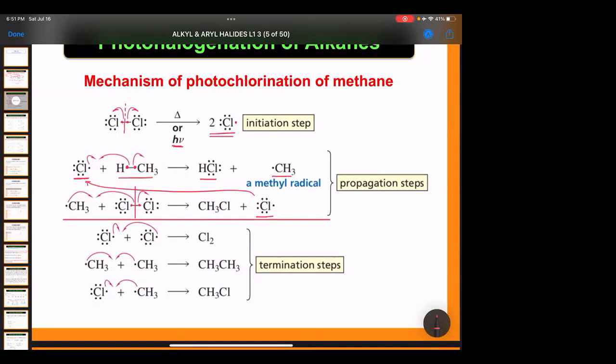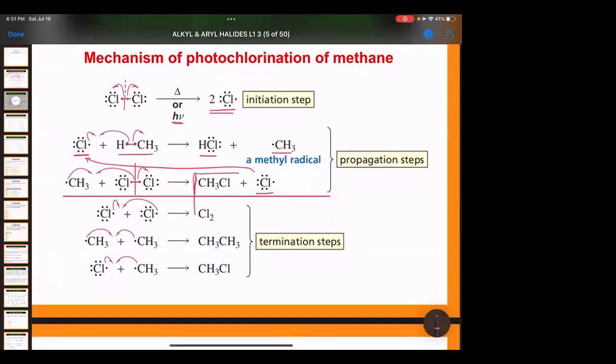The new radicals again attack other molecules, and that's how the product forms. This is product one. I hope it is clear, right?